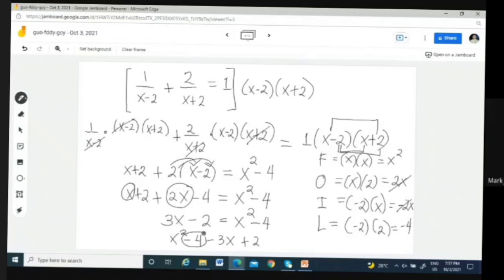Then, we have here negative 4 and positive 2. They are unlike signs, so we are going to subtract: 4 minus 2 is equal to 2. 4 is bigger than 2, that's why we are going to follow negative. So we will be having x squared minus 3x minus 2 is equal to 0. This is now the quadratic equation.